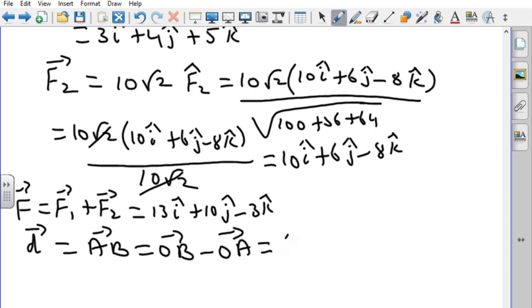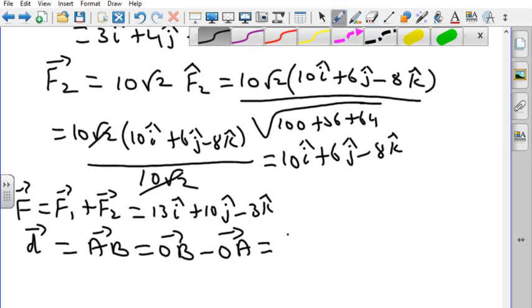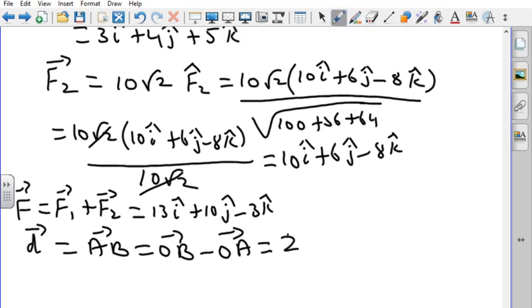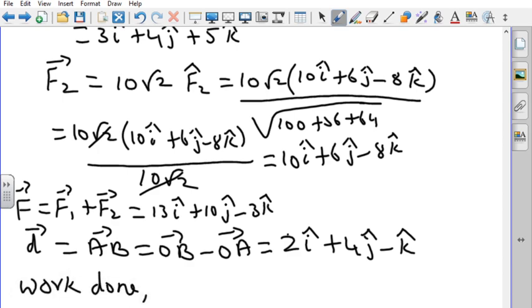So it is 6i cap minus... Subtracting and doing all those, we get it here as 2i cap plus 4j cap minus k cap. Now we have to find work done. Work done by the formula we have seen in the example, W is equal to F vector dot d vector.